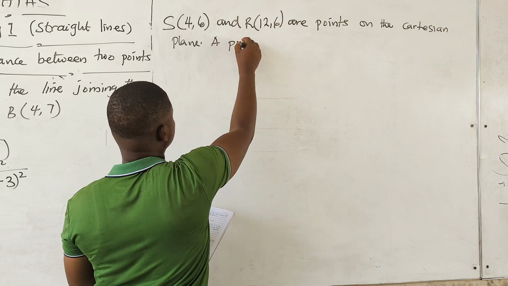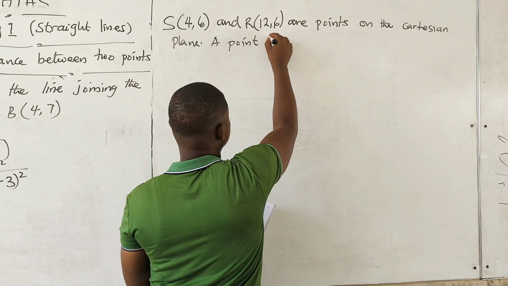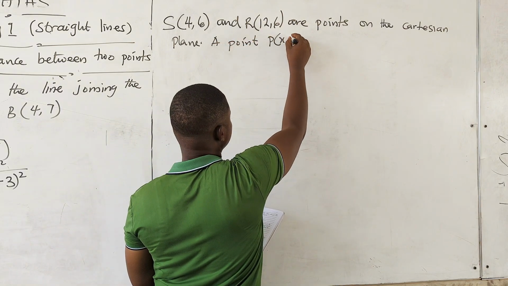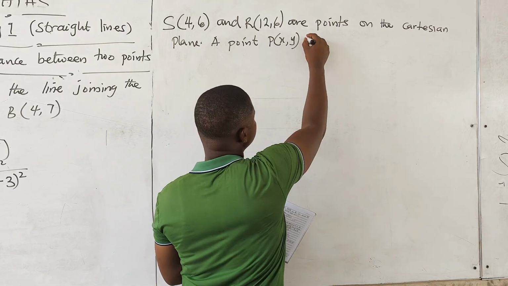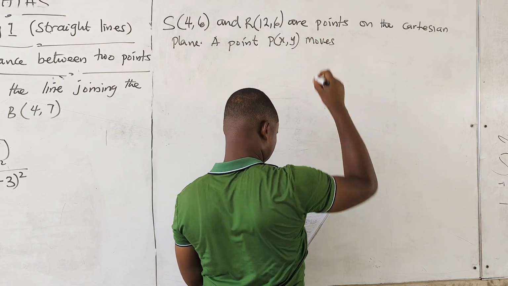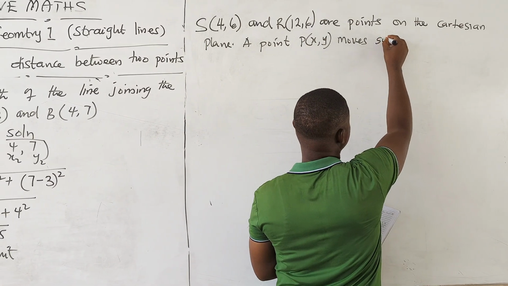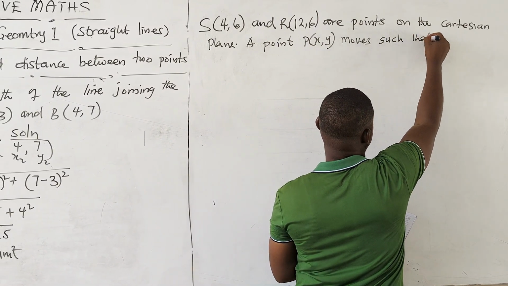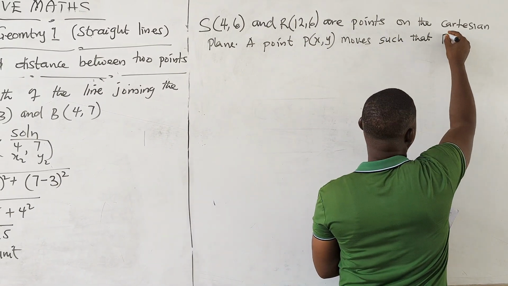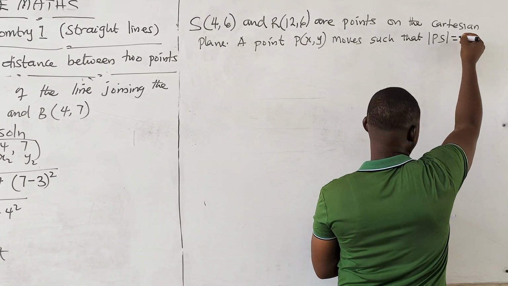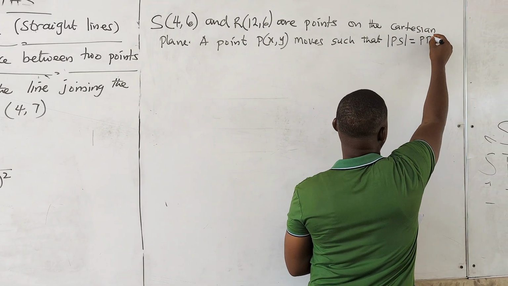A point P(x, y) moves such that PS is equal to PR.